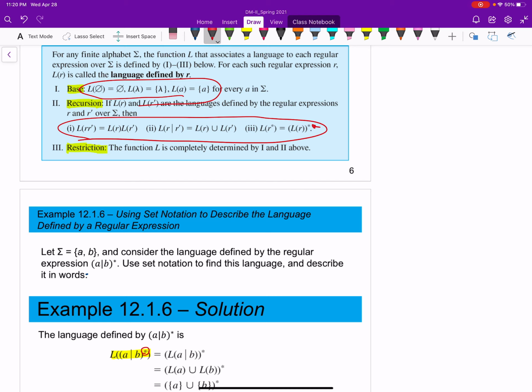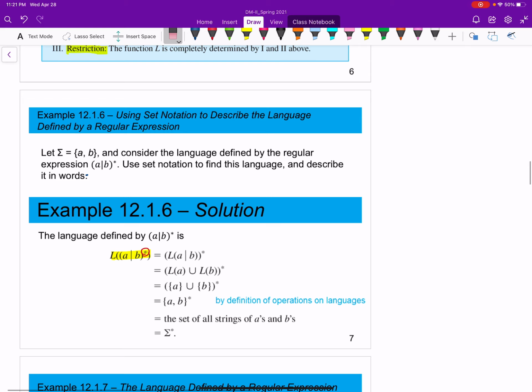Either you can bring that asterisk outside, or you can keep the asterisk inside, and both are the same, it's an equal sign. Either you can keep the asterisk inside of the parentheses, or you can take it outside. Here the asterisk is inside, so we'll bring it outside.